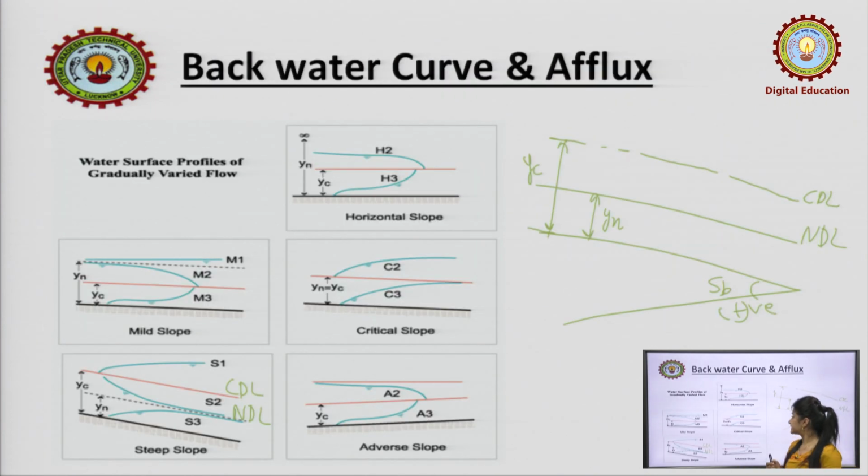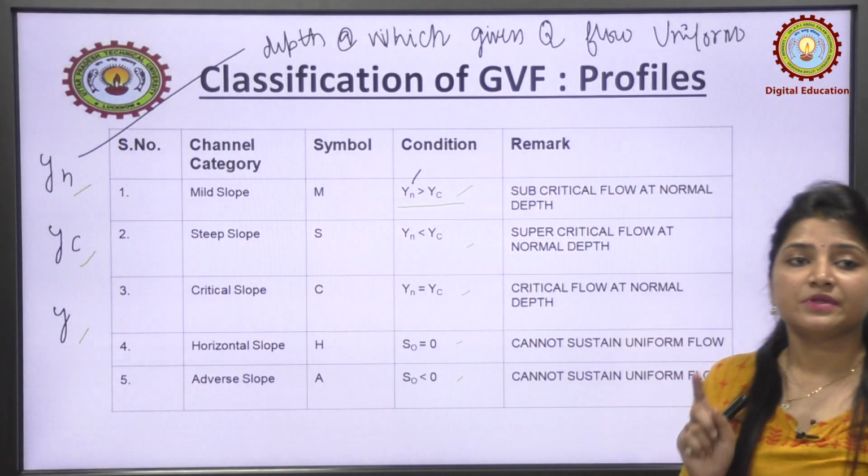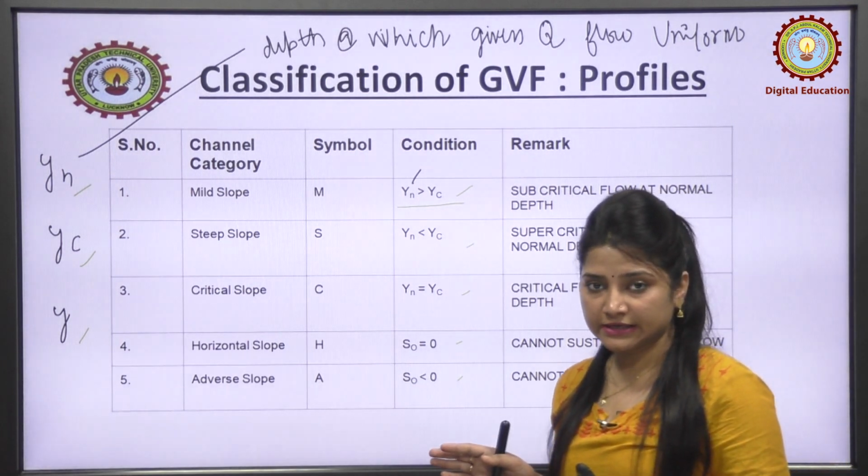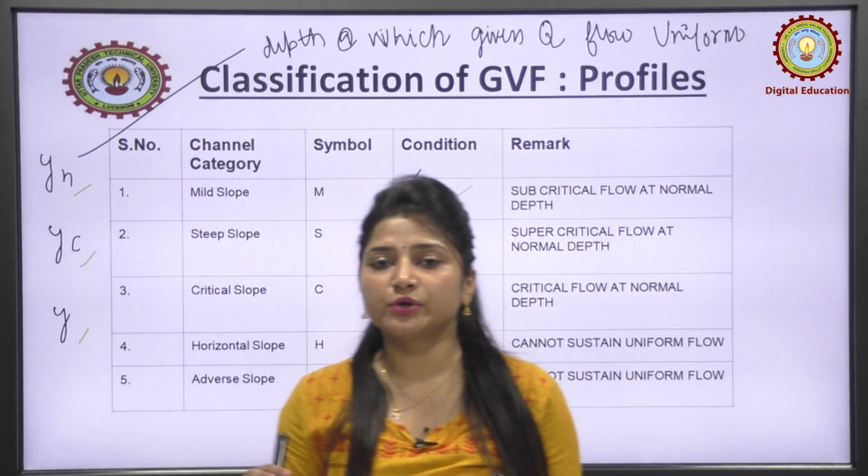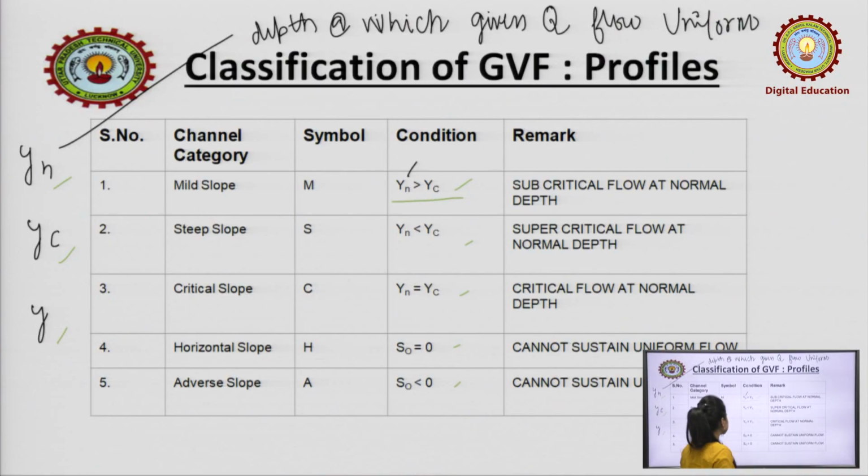The third one is critical slope. Critical slope means what? When your normal depth is equivalent to your critical depth, that is, when Yc is equivalent to Yn, there will be no difference between NDL and CDL.